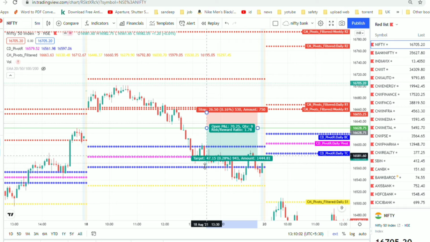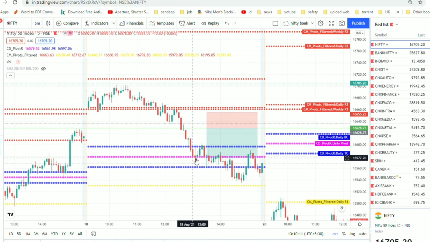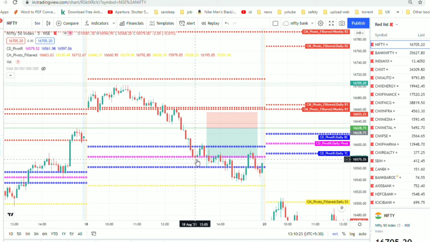I took my target up to the central pivot. So what was my ratio? Almost 1 is to 2 I covered. Even if you wait, it can go further down, but as I said, always follow your risk reward. Once you gain your RR, you can quit the trade. So this is what I did.